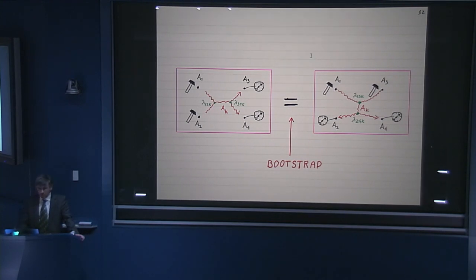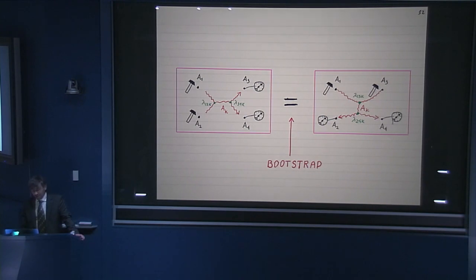So what's special about this four-point hitting experiment? It's that I can perform it in two different ways. I can hit the system at points a1 and a2 and read off a3 and a4, or I can hit it at points a1 and a3, or x1 and x3, and read off a2 and a4.